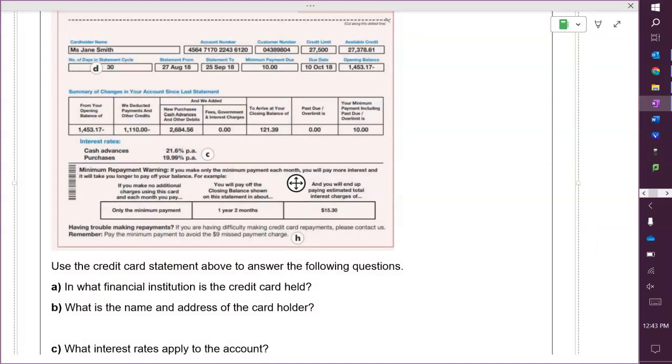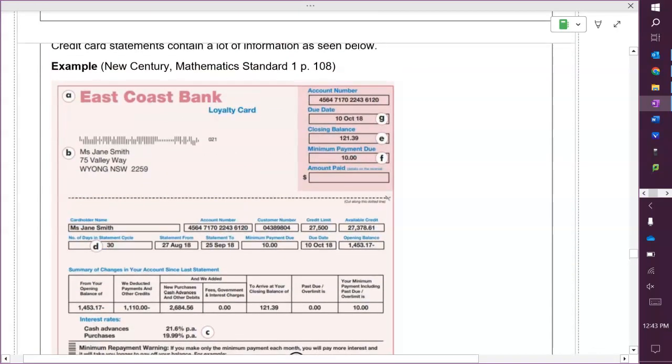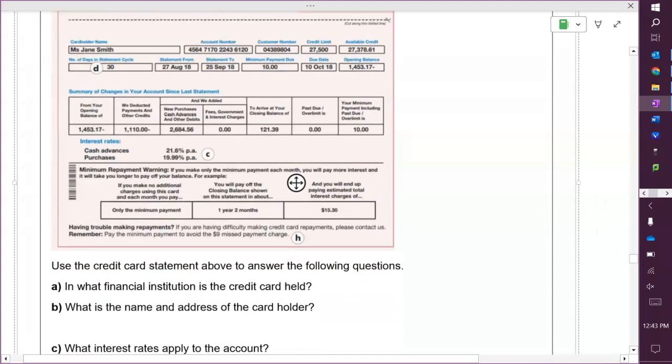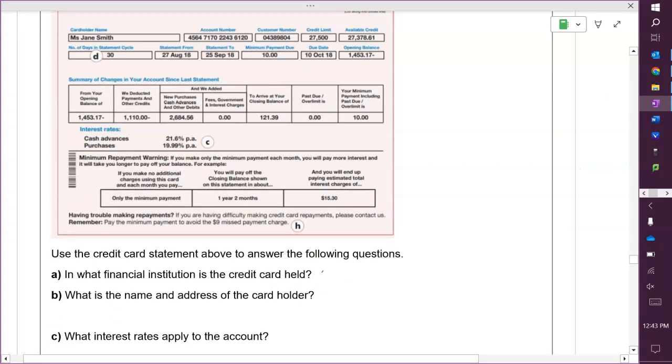Using the credit card statement above to answer the following questions: in what financial institution is the credit card held? If we look up here, we can see this is East Coast Bank. That is the financial institution that the credit card is held with, East Coast Bank. What's the name and address of the card holder?